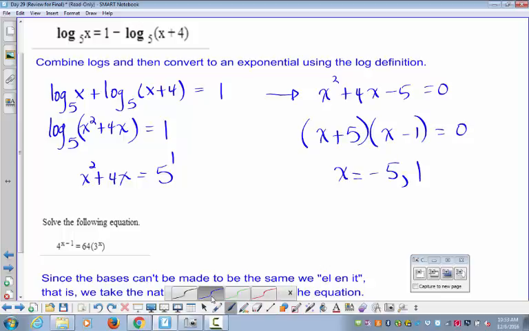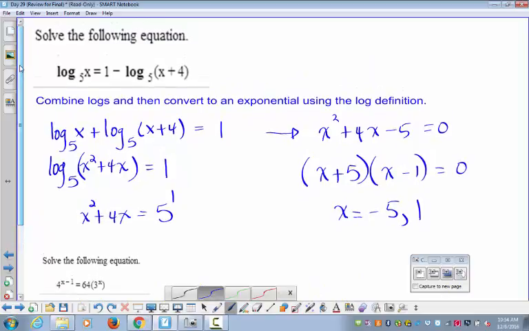I think the factor is right. 5x minus 1x works. Okay, so we get two answers. Log equation, definitely have to check. So go back and look at how the equation was originally presented. That's where the domain is dictated from.